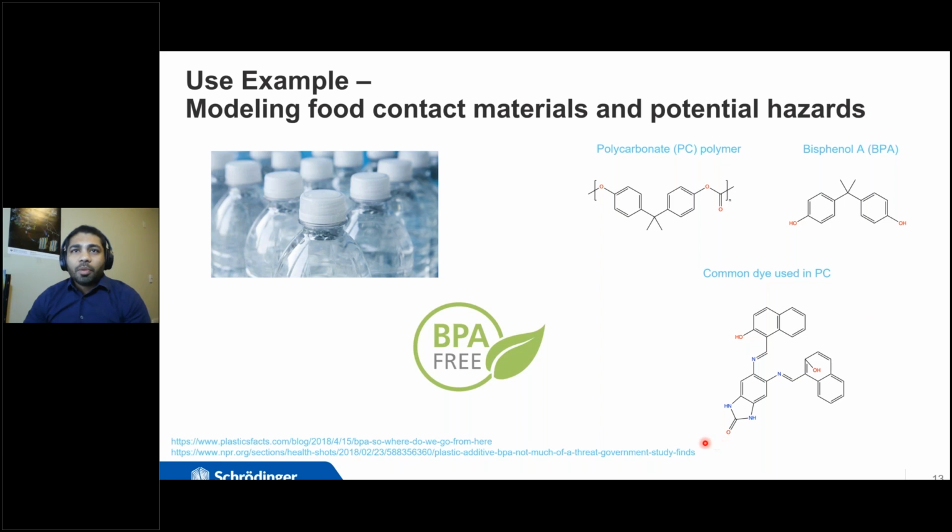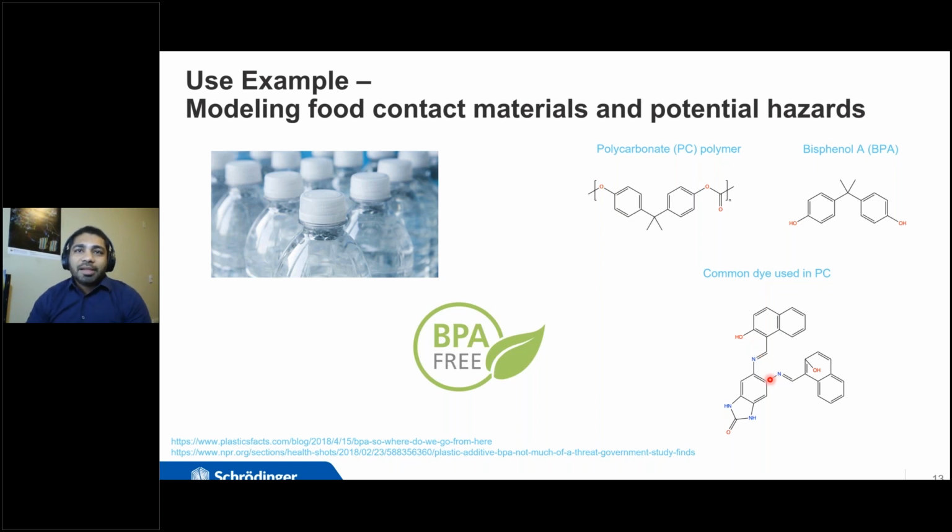I'm also showing a commonly used dye here, and we don't really see labels such as dye free, and that is because the biggest concern is about BPA and not about the dye. Also the dye is bigger in structure and it doesn't leach as BPA does. So in this particular case, we will use this dye as a control and compare what the BPA leaching characteristics look like against this dye.